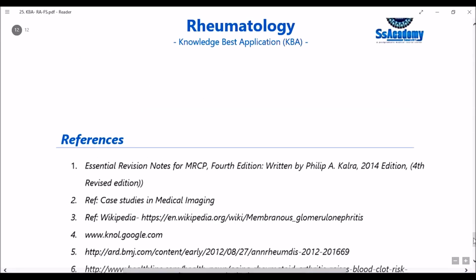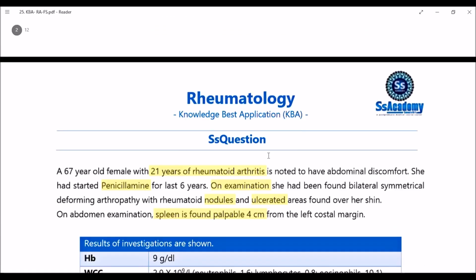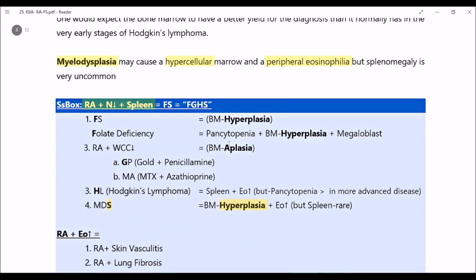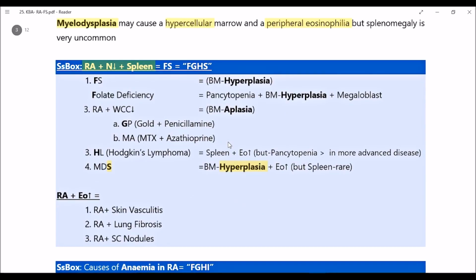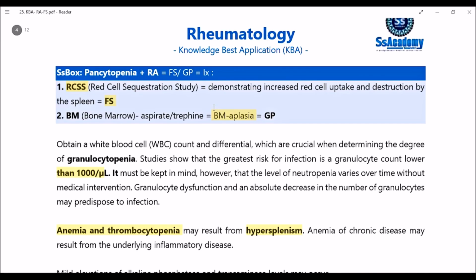Here's a quick recap of the summary box of rheumatoid arthritis neutropenia: Felty syndrome with the spleen involved, anemia in rheumatoid arthritis, and pancytopenia.